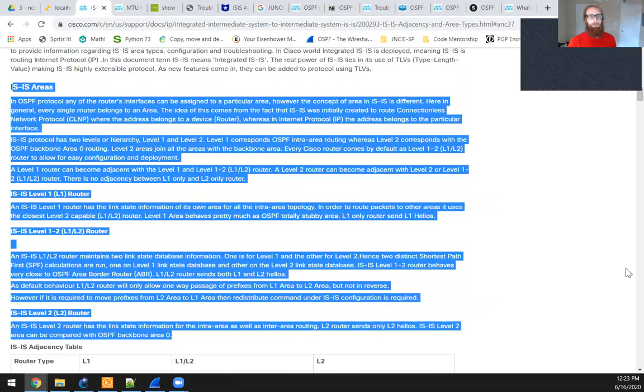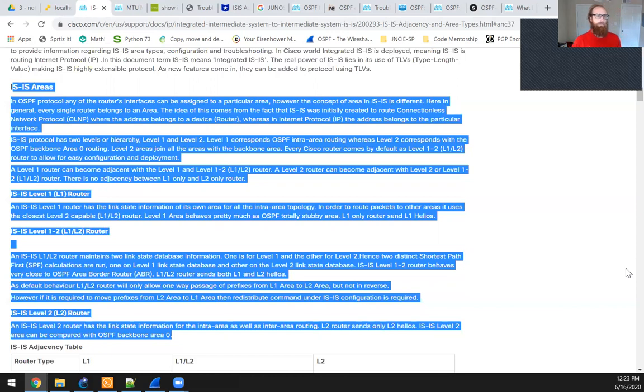The idea of this comes from the fact that ISIS was initially created to route connectionless network protocol, CLNP, where the address belongs to a device, a router, whereas in Internet protocol, which is used by OSPF, the address belongs to a particular interface.